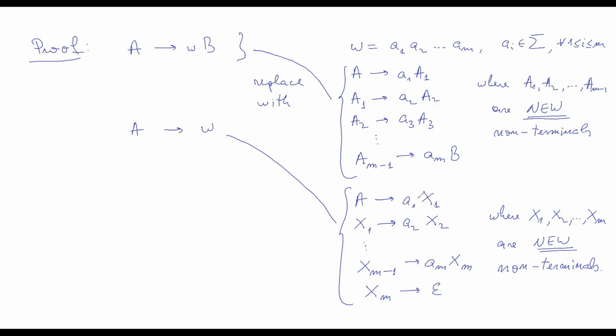I just introduce first letter A1 and then letter A2, and then letter AM, and then finally I get rid of this non-terminal XM. And obviously there is a little bit more to this proof to show that the languages are exactly the same, but I will just leave it at this. It's a very simple inductive argument why they generate exactly the same words.